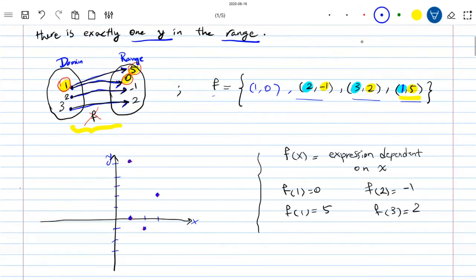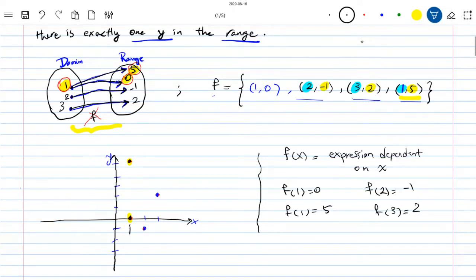One important thing that you should notice is if I pick the same x value, 1, I have 2 y values, both 0 and 5. But normally, if this happens, then you'll see that you can say this is not a function, because if I pick x value of 1, which point do I discuss?